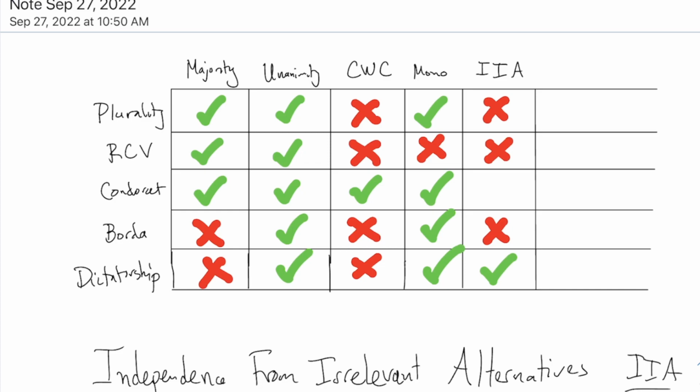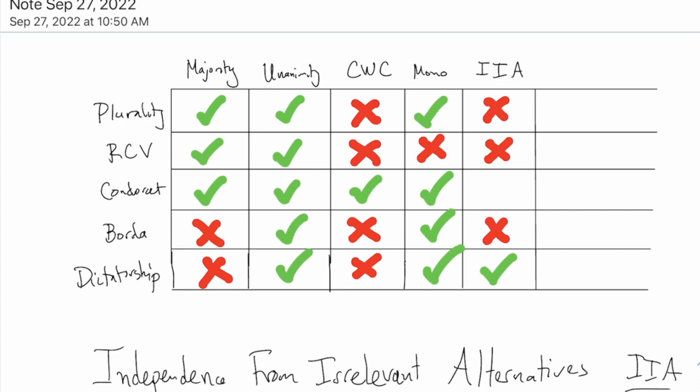You can't demonstrate these checks just with an example, because the check means in all possible examples, the majority criterion is always satisfied. Whereas the x just means sometimes it's not. So to demonstrate one of the x's, all you got to do is one particular example. I hope that's what you did.